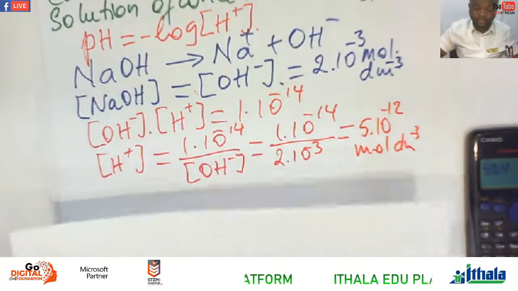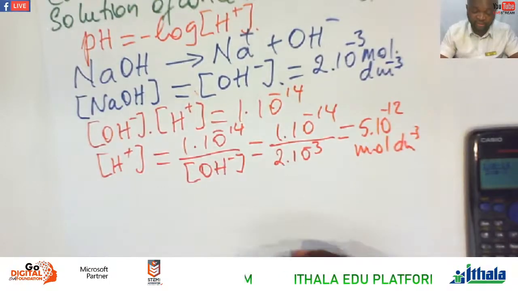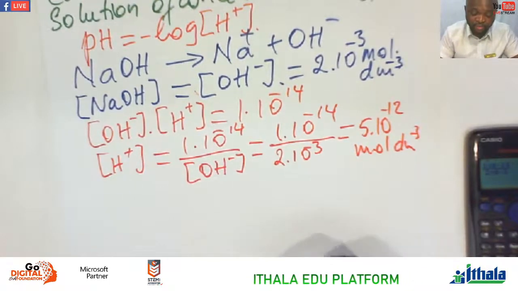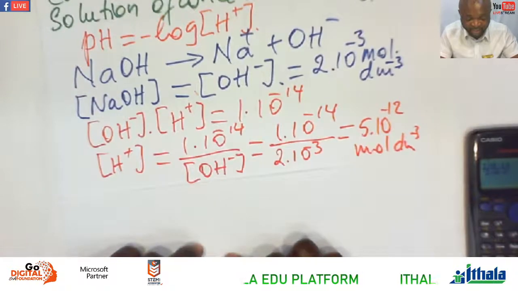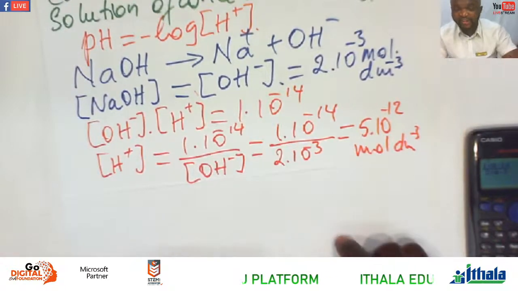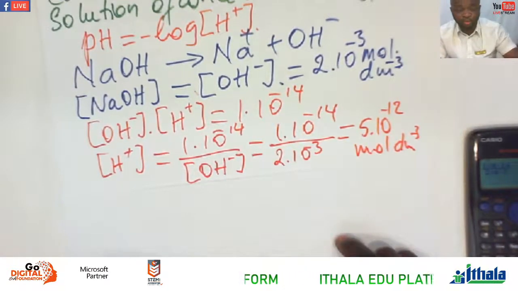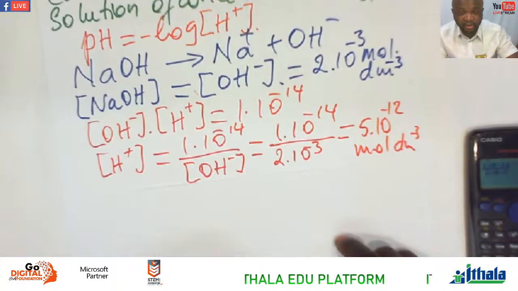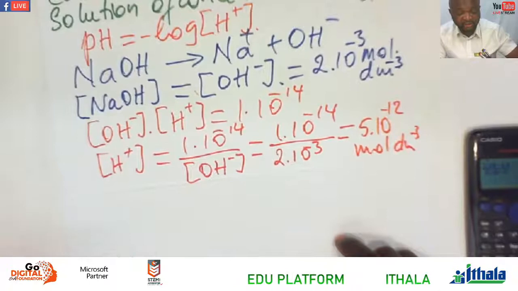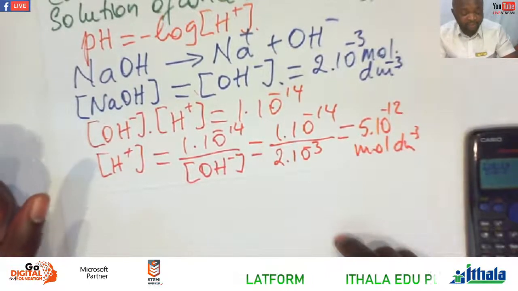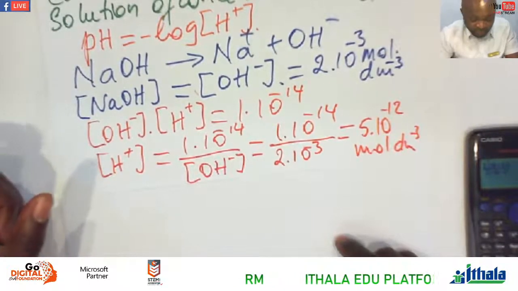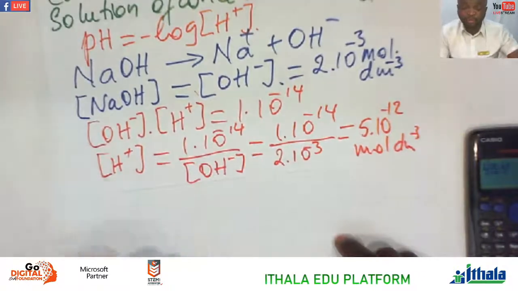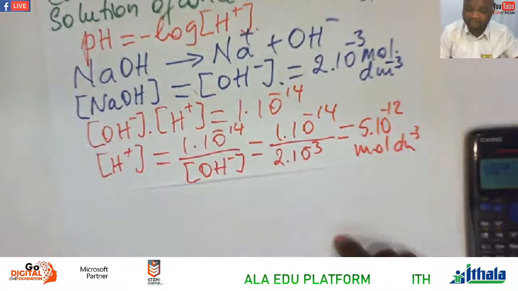So from the base you must use these steps. The first step, find the concentration, because you have the concentration of the base. Now find the concentration of OH minus. You must write the dissociation reaction, so you know how the number of moles of the base relates to the number of moles of OH minus.